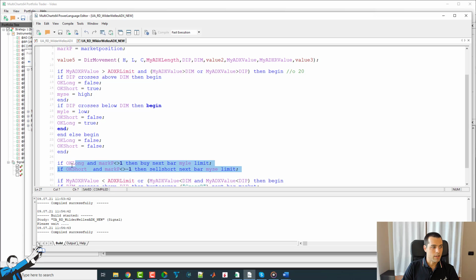Here are the limit orders, and let's see what we can do now with this new trading system.